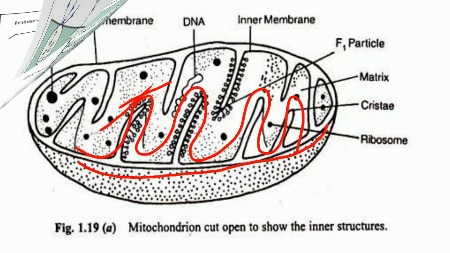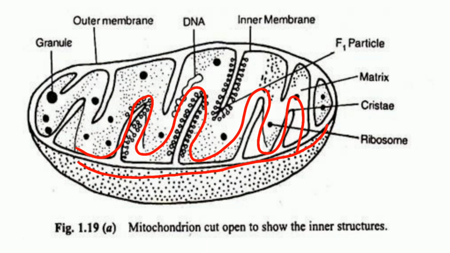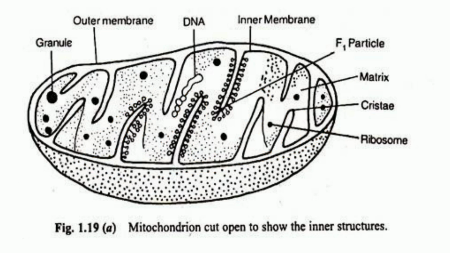First of all, let us talk about the structure of the mitochondria. As I have already discussed, this process occurs in the mitochondria, and it is the matrix space and the F1 particles which play a very vital role. The mechanism of oxidative phosphorylation is a complicated aspect of respiration, and three possible mechanisms have been put forth to explain the process.